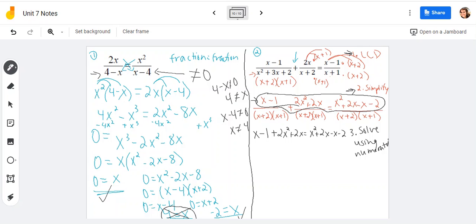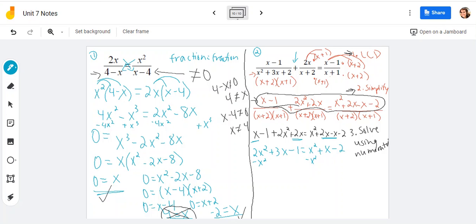So I need to combine some like terms. On my left side, I've got x and 2x. So I'm going to have 2x squared plus 3x minus 1. And on my right side, I can combine my 2x and my minus x, so I get x squared plus x minus 2. All right, I'm going to move everything over to the left side so that I can solve for x.